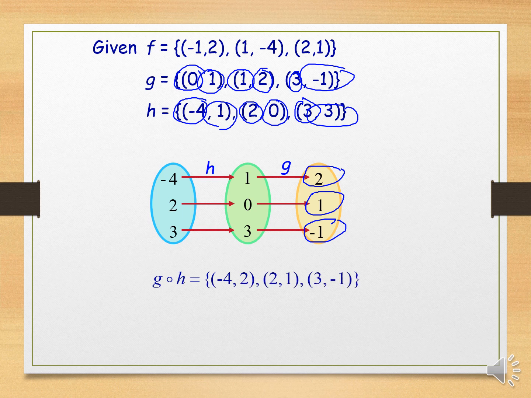Therefore, g composite h equals the ordered pairs (-4, 2), (2, 1), (3, -1), which has domain -4, 2, 3 and the range is 2, 1, -1.